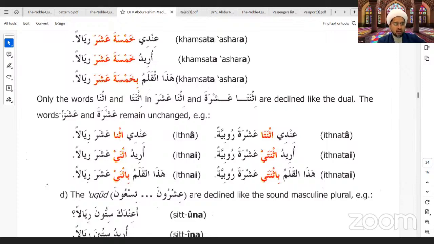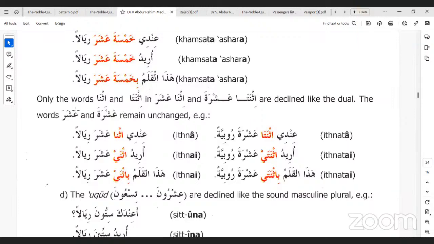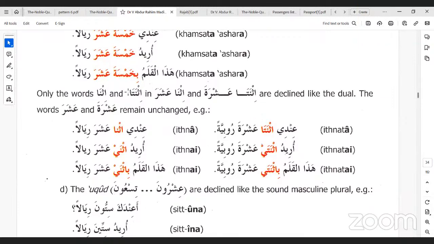Only the words ithna and ithnata, in ithna ashara and ithnata asharata, are declined like the dual. The words ashara and asharata remain unchanged.